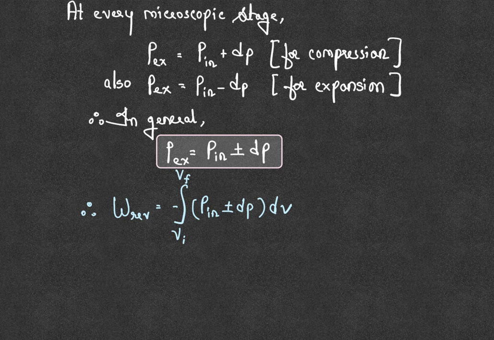But dP and dV are two very, very small values and the product can be neglected. So W reversible can now be given as the integral from VI to VF of P internal into dV. Is that okay? Clear?